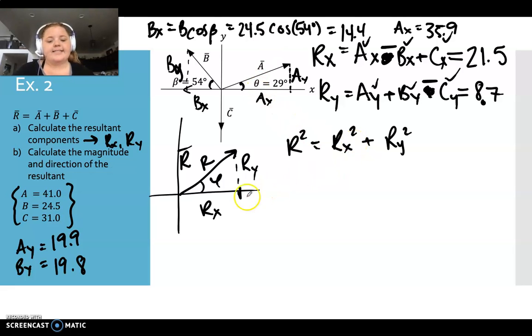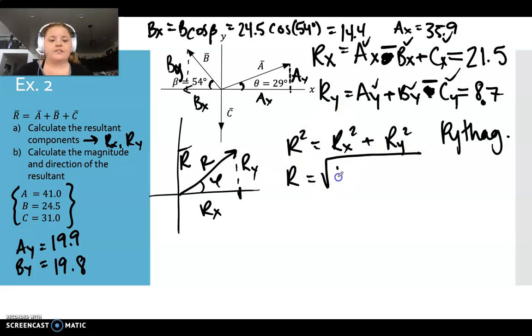And this comes from the Pythagorean theorem. If we want to solve for r, which is going to be the magnitude of the vector, we'll take the square root of that. So it's r sub x squared plus r sub y squared, that whole thing square rooted.